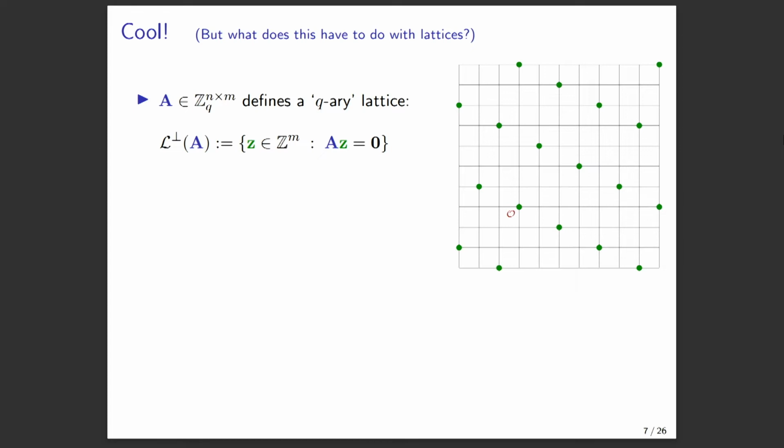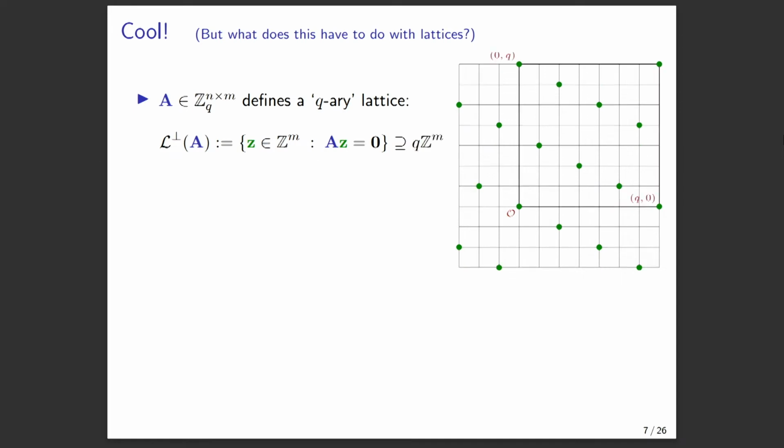Any integer vector satisfying this will be in the lattice. So it would look something like this. There's an infinite discrete kernel here. And it's Q-ary in the sense that it's periodic, like this big cubical brick copied infinitely many times. And the brick has edge length q.